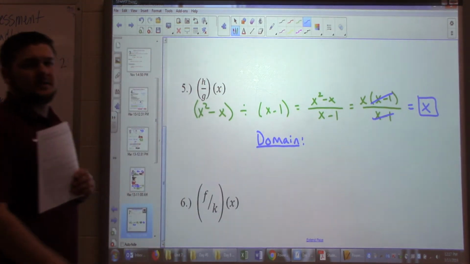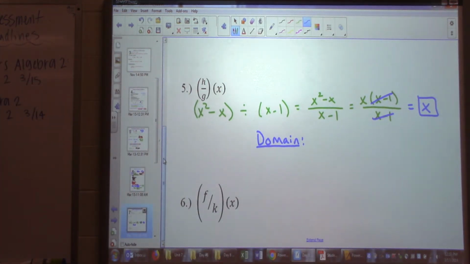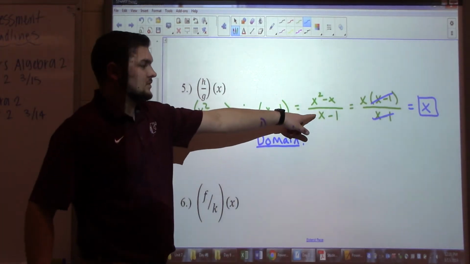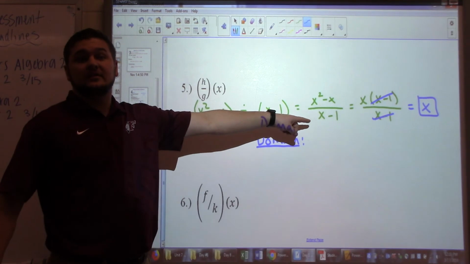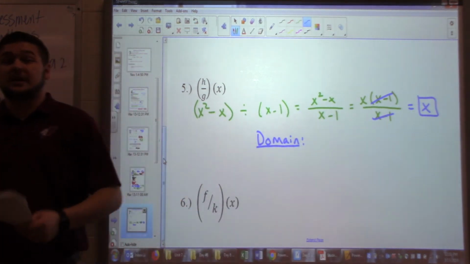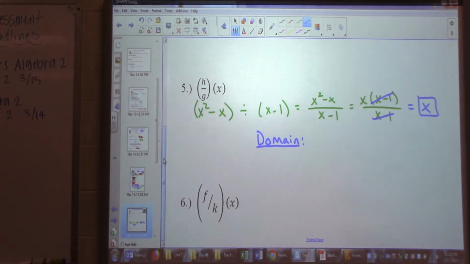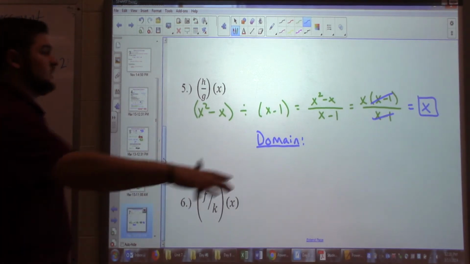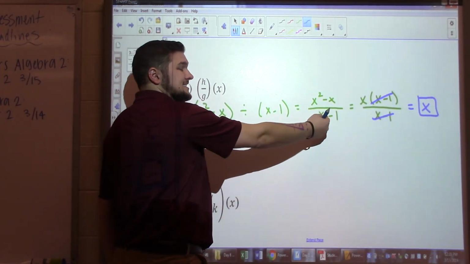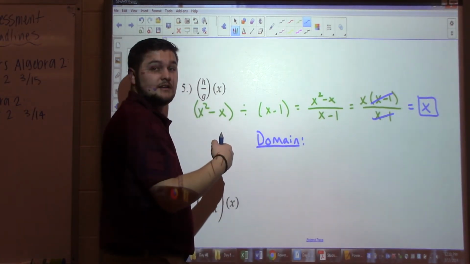Now I need to write a domain though. What's my domain going to be? Do I have any restrictions? Look at our original start here. Do we have a denominator? That's what I was saying before when we started with domain. People forget to look back where we started. We had division here. We had a denominator. X cannot equal 1 because of that.